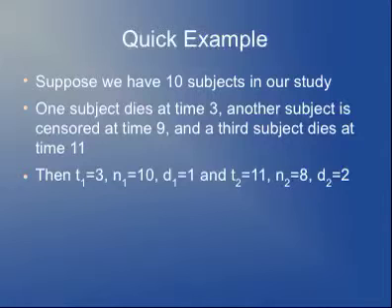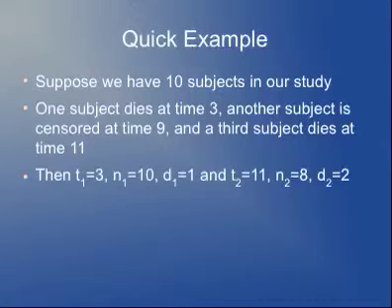Then we only have to define t1 and t2. t1 is 3, which is the time the first patient died, and t2 is 11, which is the time that the third subject dies. So at t1, when the first person died, we have 10 people in the study, and there's 10 people at risk, meaning people who haven't died and aren't censored, people who are at risk of dying, and there is only one person who's actually died.